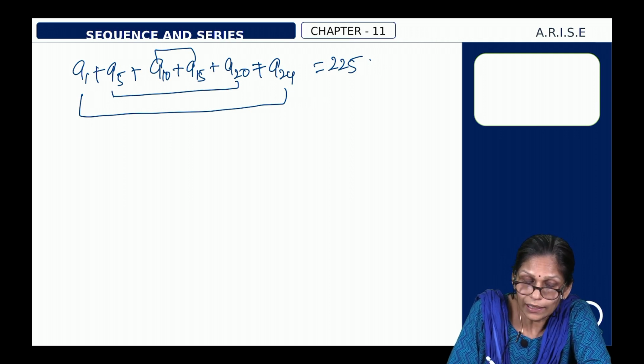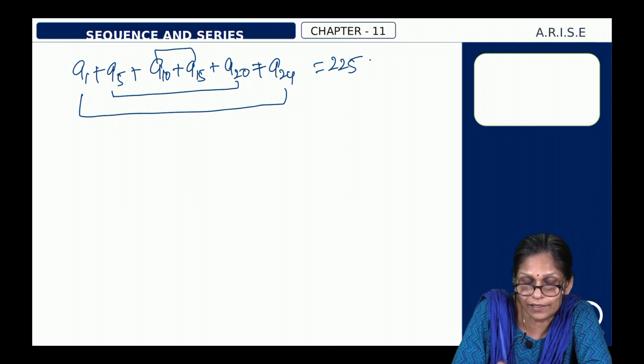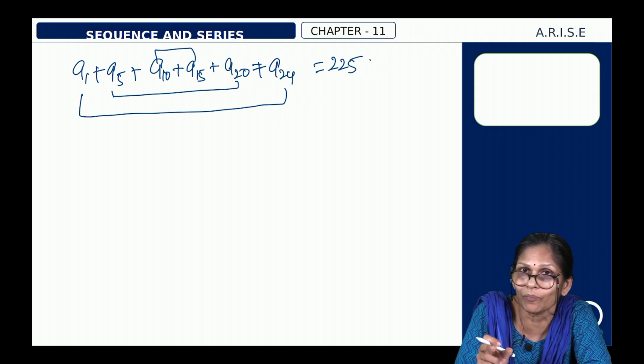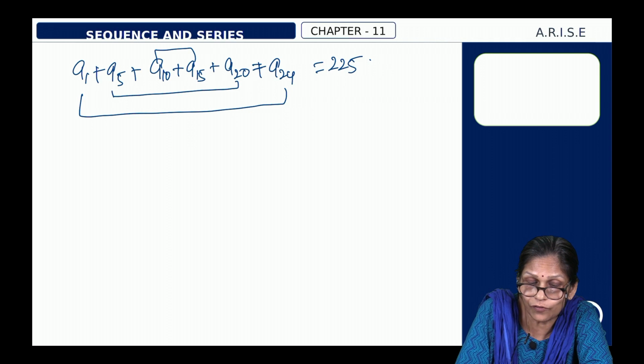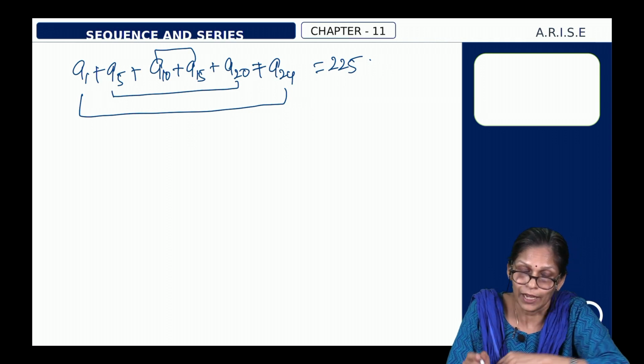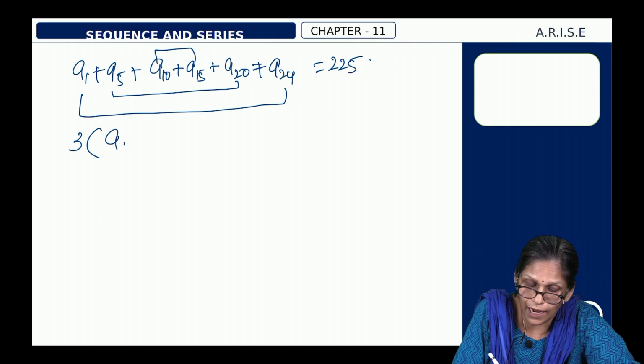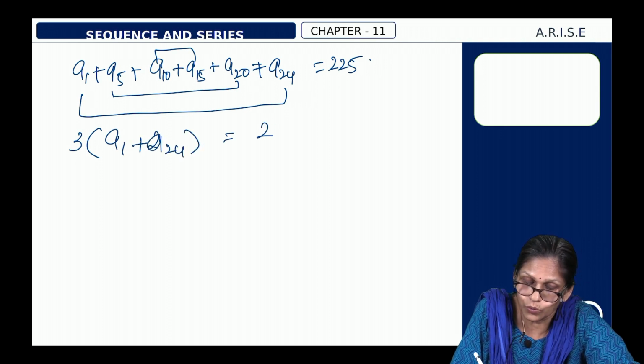So, you have 3 times each of these, because they are all terms equidistant from the beginning and the end, and each of these is the same sum. So, isn't the left hand side 3 times A1 plus A24, that is 225.